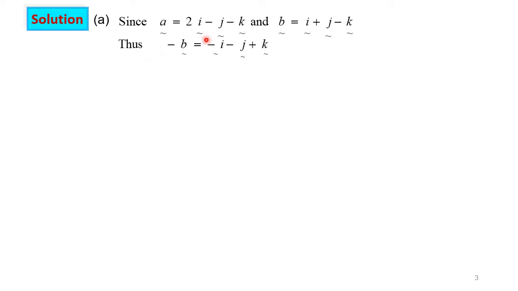Right, so for the first one, here are the given vector A and vector B. We find straight away the negative of vector B, so the i and j will be negative and k will be positive. Next, we will calculate the cross product of AB. Remember the cross product is similar to a 3 times 3 determinant.